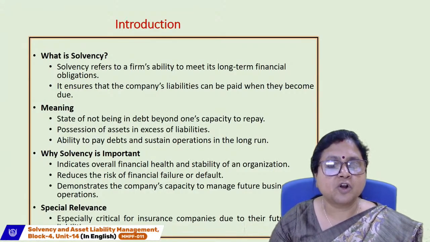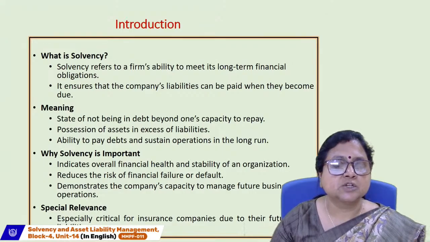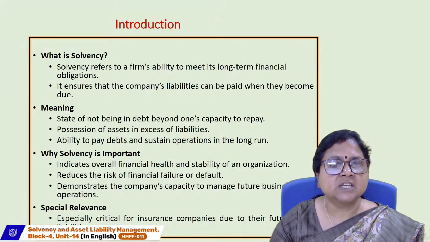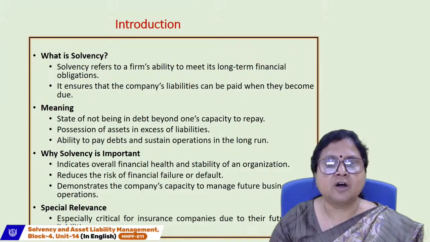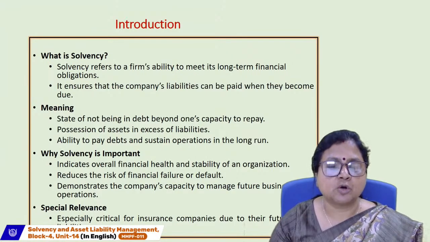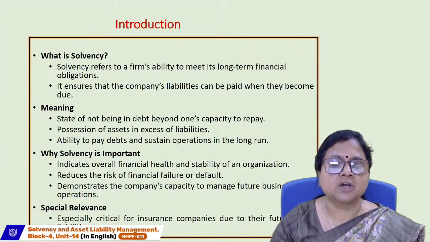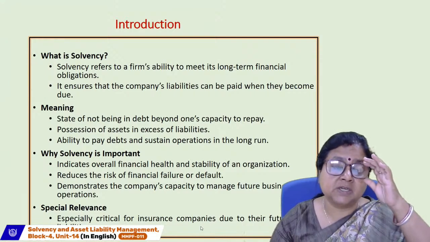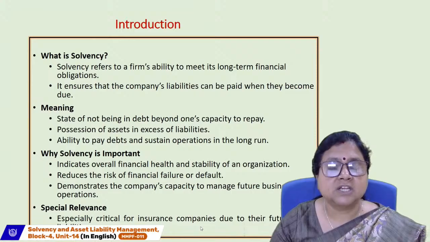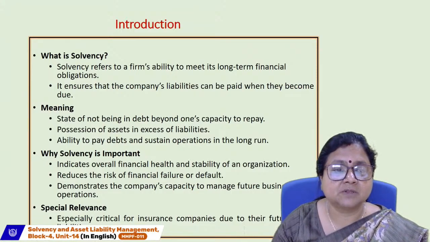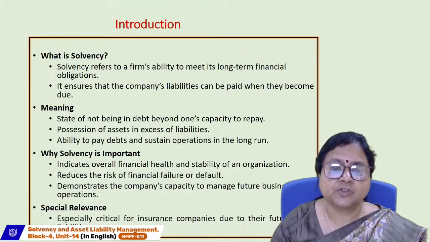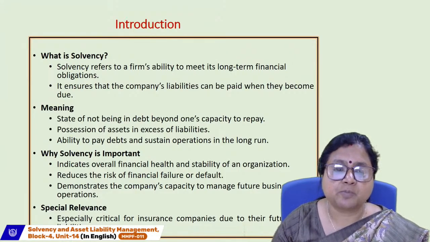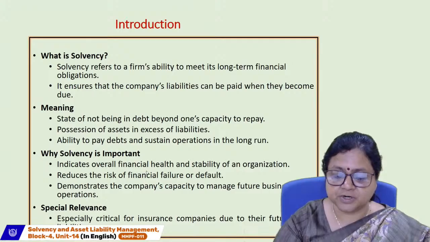So overall, the company's solvency is the capacity of the firm to meet its obligations in the longer term. Especially it is critical for an insurance company. Why? Because the insurance company has to settle claims which are coming in future. So that is why maintaining proper solvency is very much important.